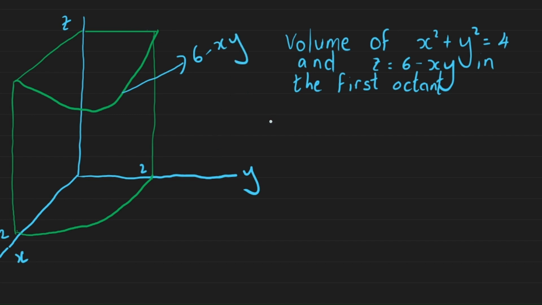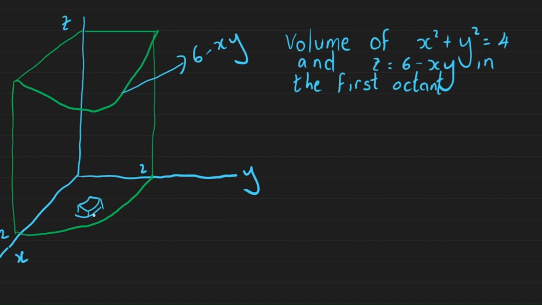So how do we find the volume of this particular figure? Well, we just do it exactly as we had done previously. We take our volume element and we integrate it. The only thing we need to take into consideration is how we're integrating it, that is, our boundaries.